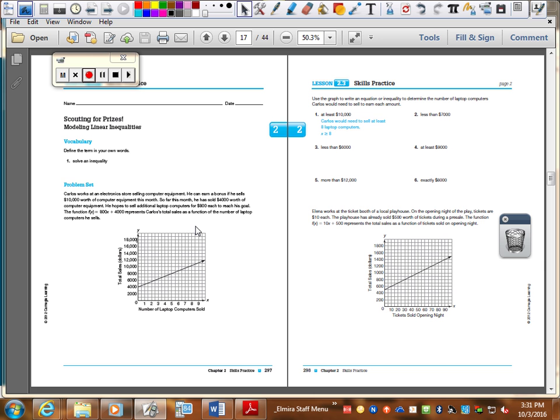And so we have this problem down here, if you're looking at it in front of you below the vocabulary word, and it's the problem set about Carlos working at an electronics store selling computer equipment. And the graph of the information is at the bottom of the first page. But there's nothing to do, or it looks like there's nothing to do, till you go to the back of the first page, page 2.